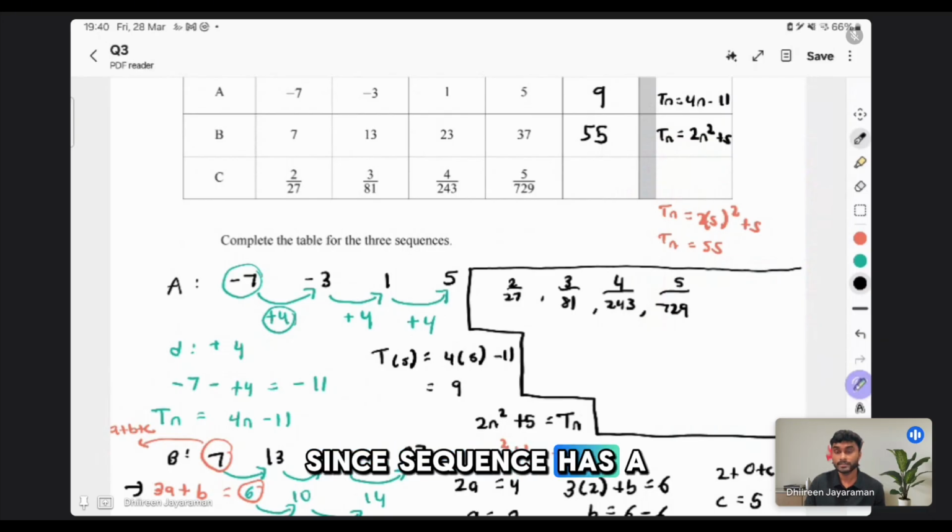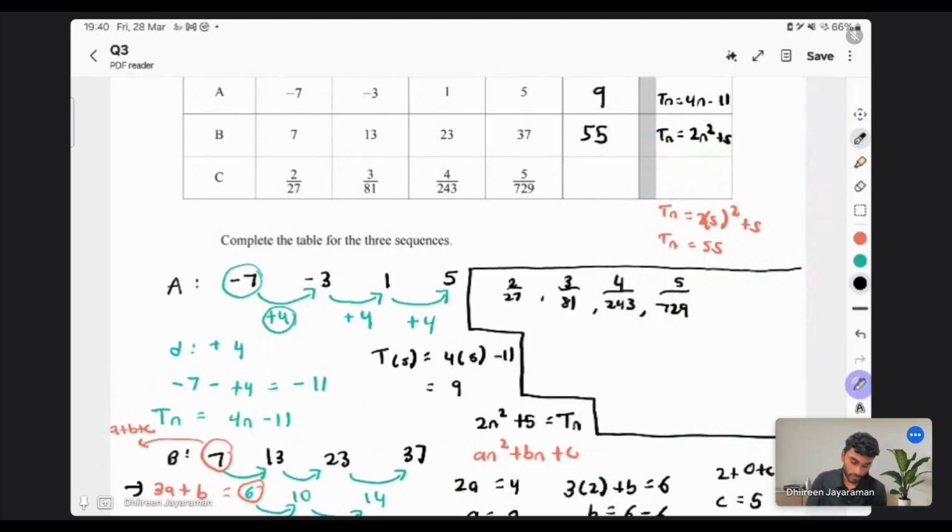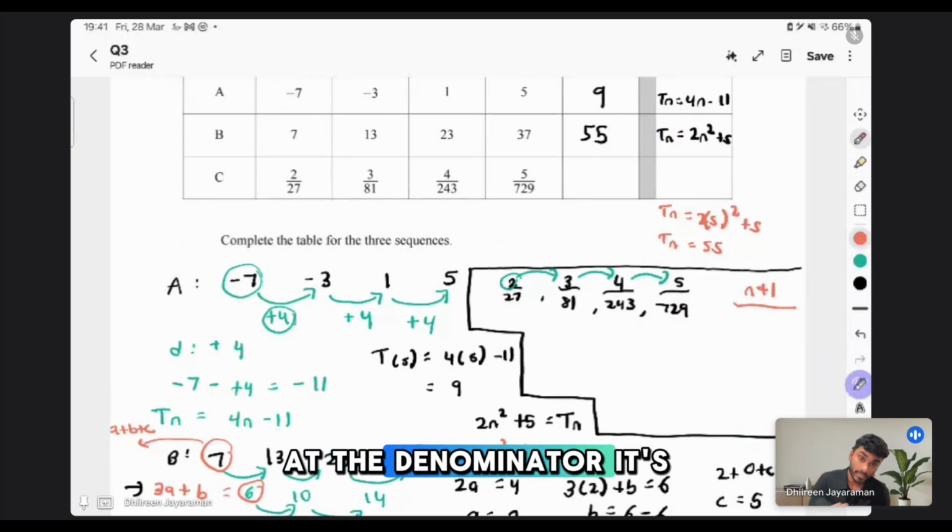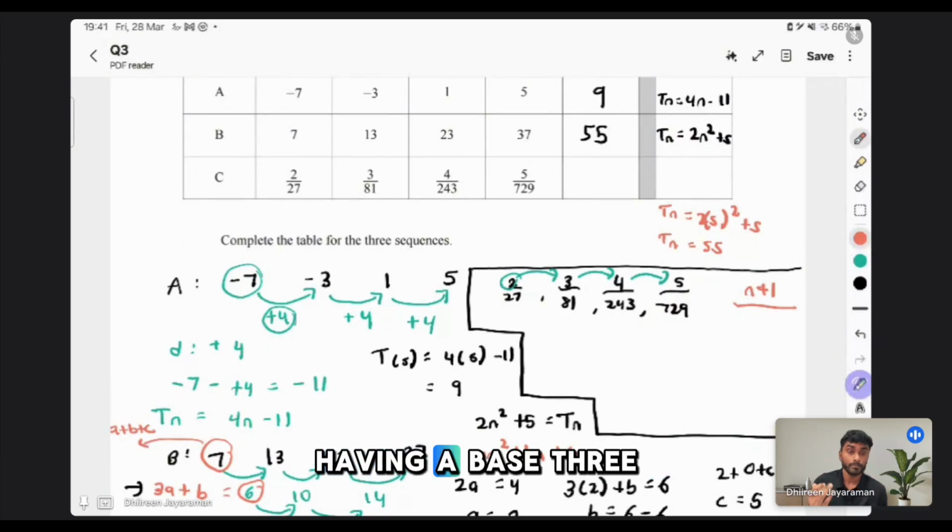Since sequence C has a numerator and denominator, we can break down the nth term into the top part and the bottom part. If you look at the top part, it's always n plus 1. So our formula will be n plus 1 over the denominator. And if you look at the denominator, it's actually having a base 3 and it's increasing by power.